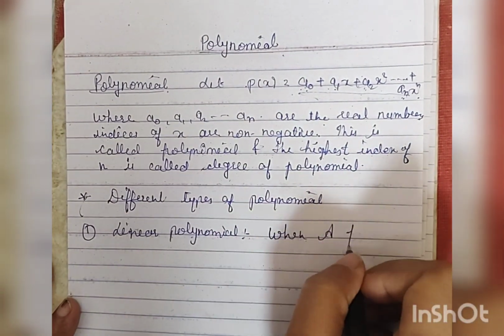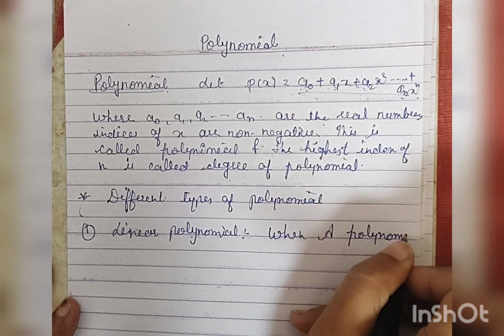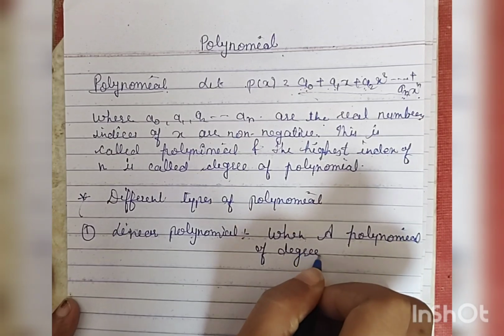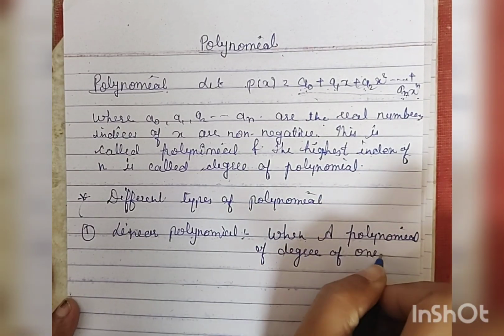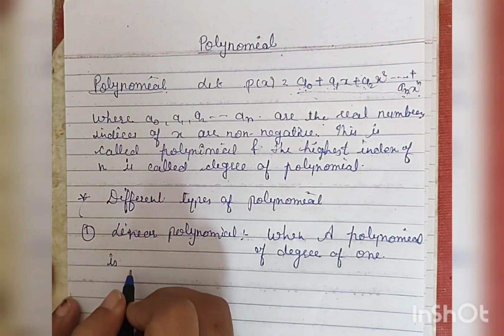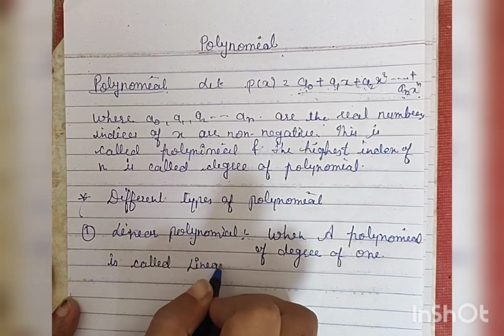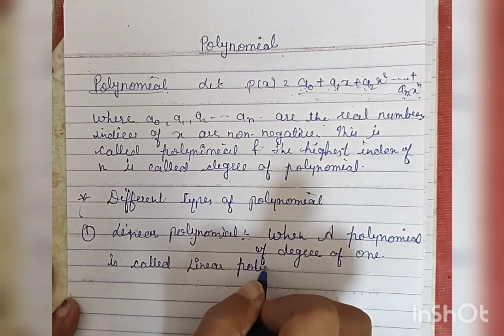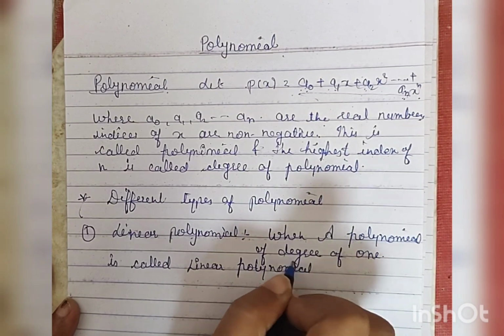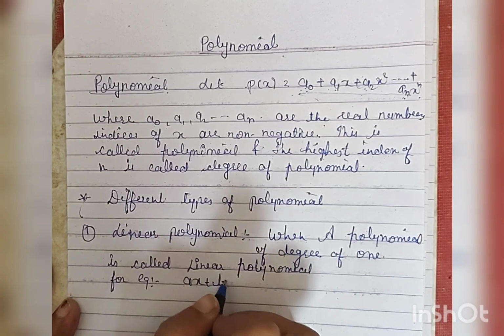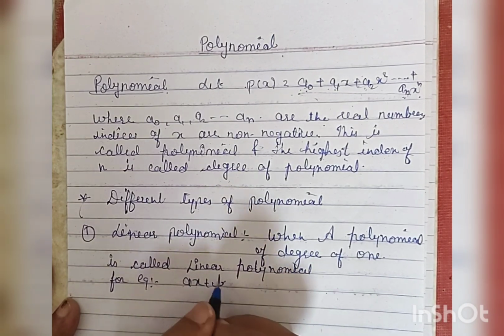When a polynomial is of degree 1, it is called a linear polynomial. For example, ax plus b. Here the degree is 1, so we can say this is a linear polynomial.